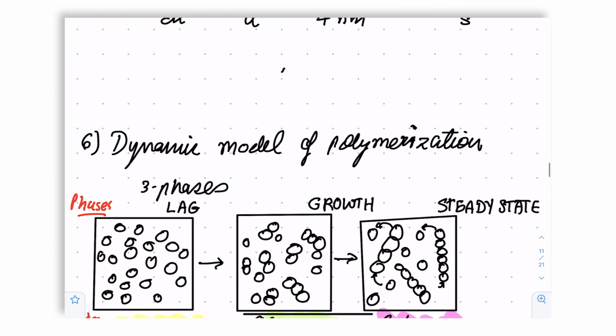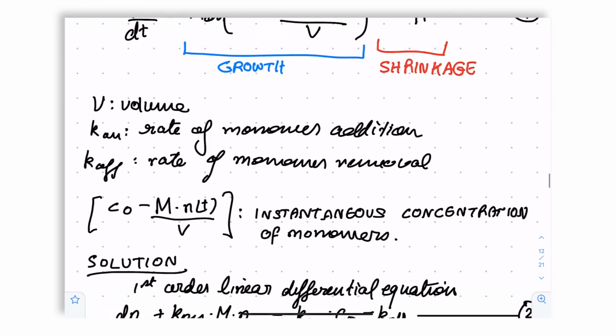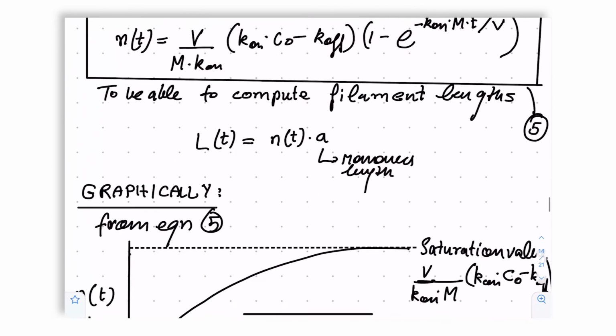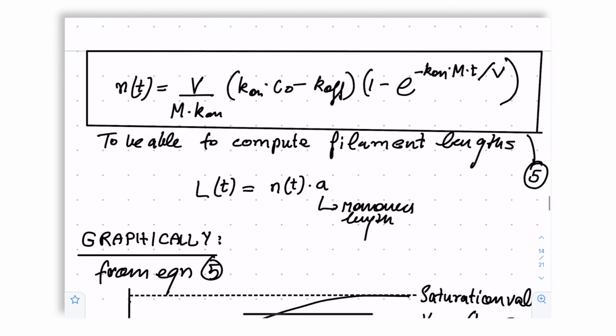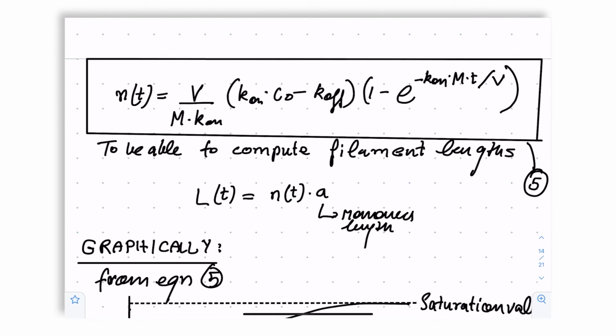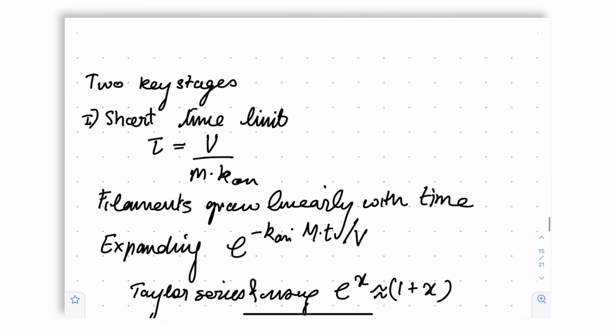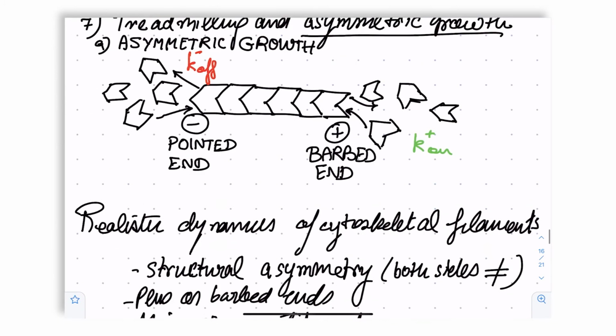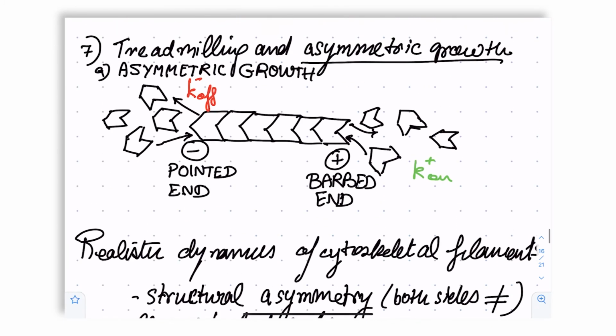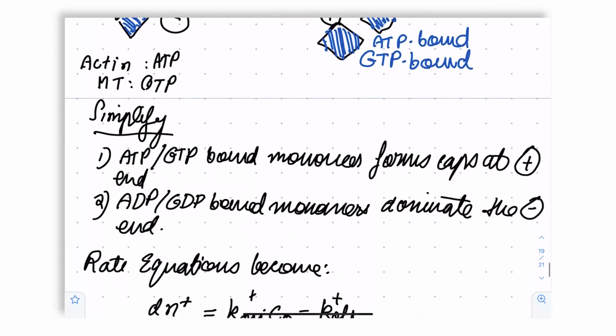We described a dynamic model of polymerization. We looked at, without necessarily solving it, a full solution for the expression where dynamics of growth and shrinkage happen at the same time, which gives us the full kinetic curve. This looks like experimental data. And then we discussed an asymmetric growth model and its role in treadmilling. Thank you very much.